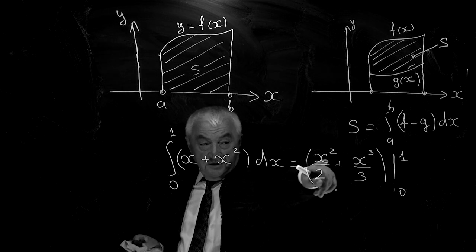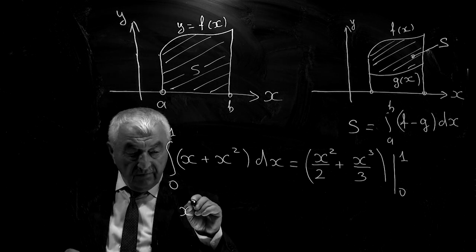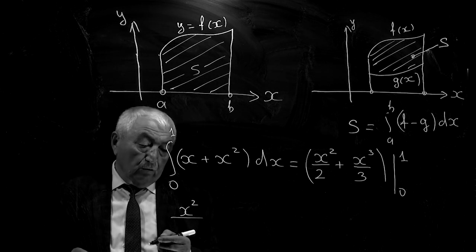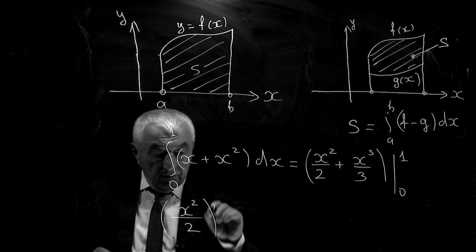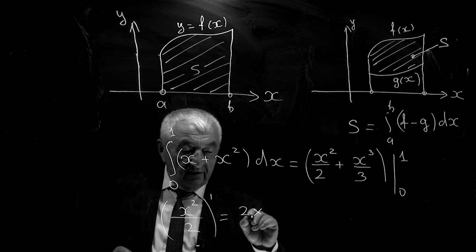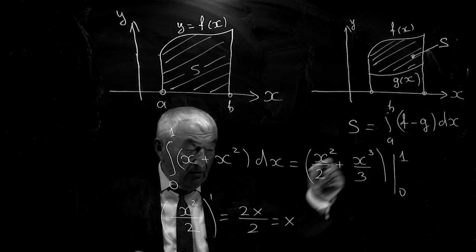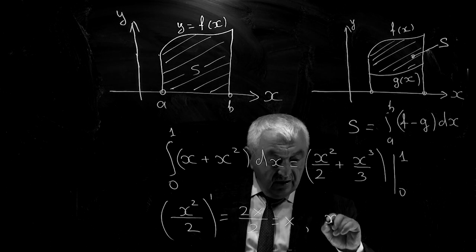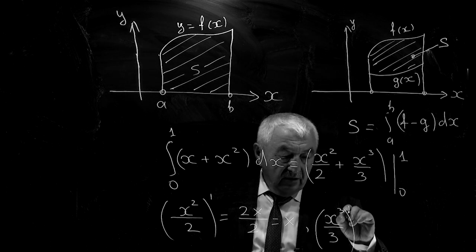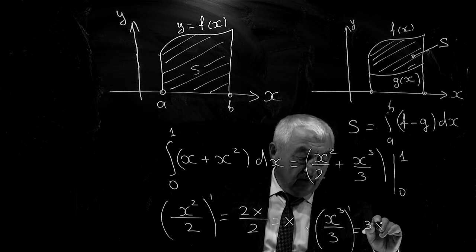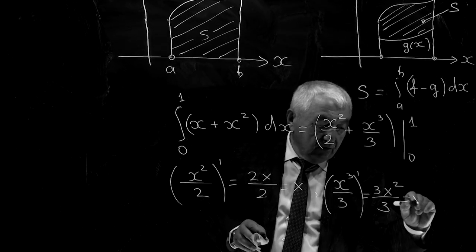The derivative of x to the second power divided by 2 is equal to 2x divided by 2, which is x. The derivative of x to the power 3 divided by 3 is equal to 3x to the power 3 minus 1, divided by 3, x to the second power.